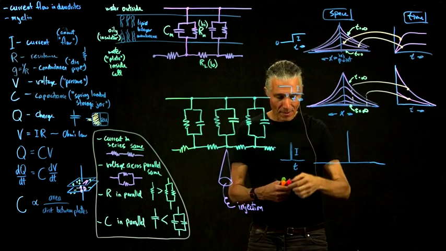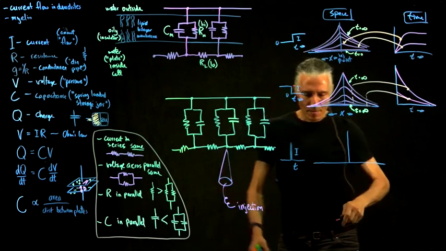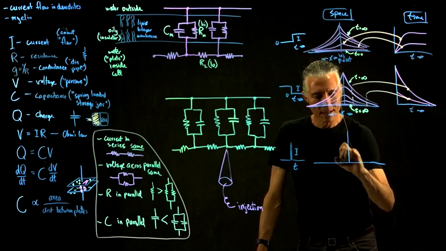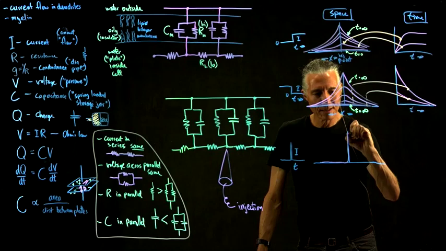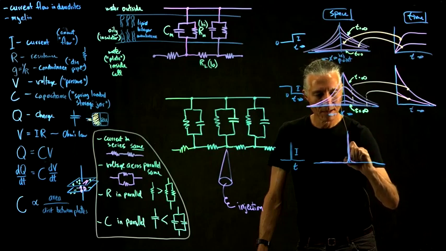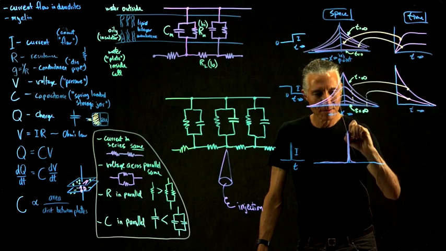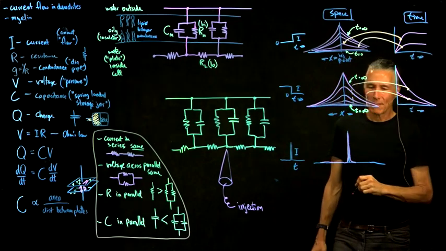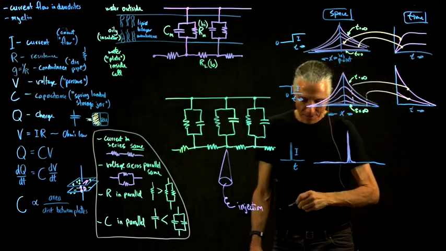What this looks like is, at the very beginning, very early in time, you'll have a little spiky amount of current because the current only got a chance to start charging up the local capacitor. It hasn't had a very long time to spread out. So at the beginning, that's what it looks like.